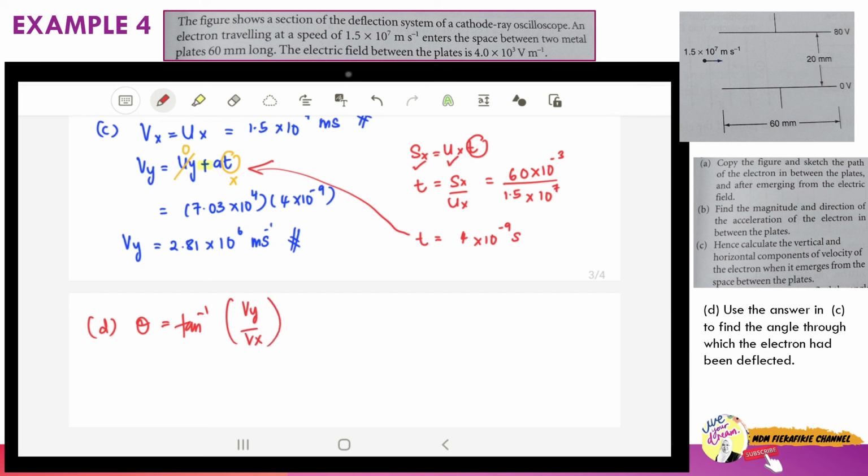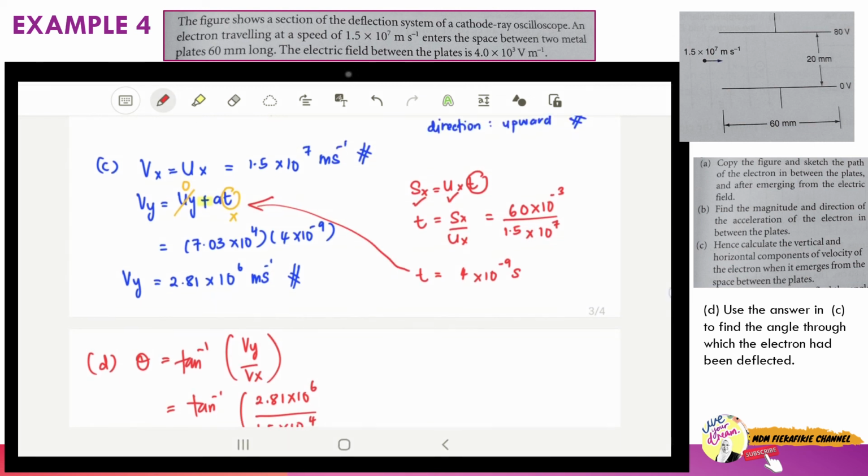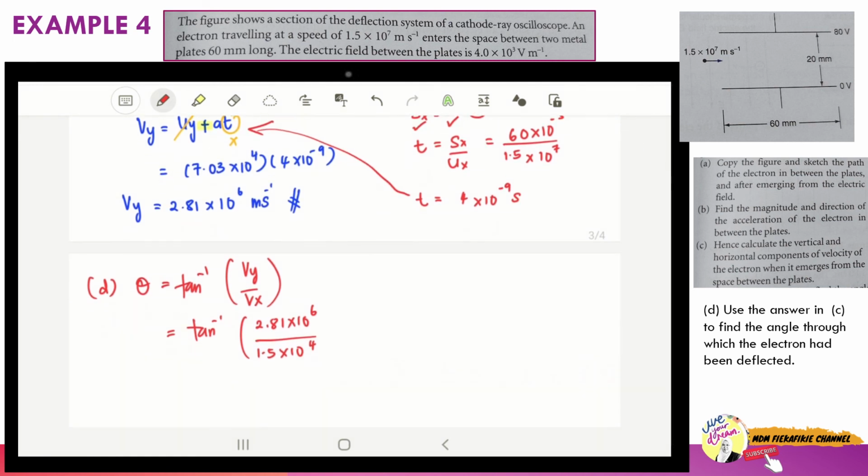So we can straightaway substitute all the values for Vy and Vx. 2.81 exponent 6 over, berapa tu? Over Vx tadi berapa? 1.5 exponent 4? No, 1.5 exponent 7.